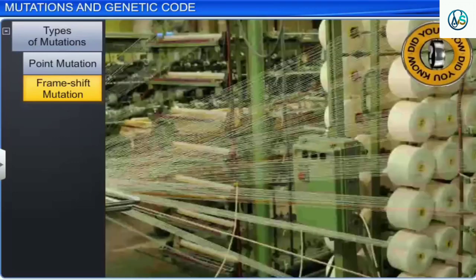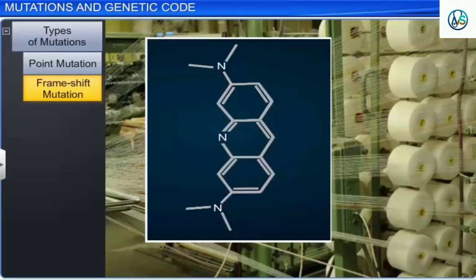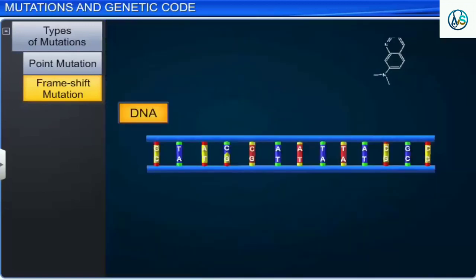Did you know that frame shift mutation is common among textile workers? This is because they are often exposed to acridine dyes such as 5-aminoacridine, which enters their bodies through inhalation or physical contact.